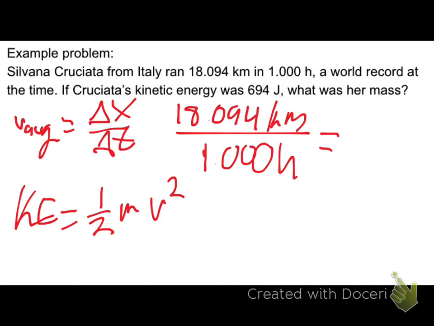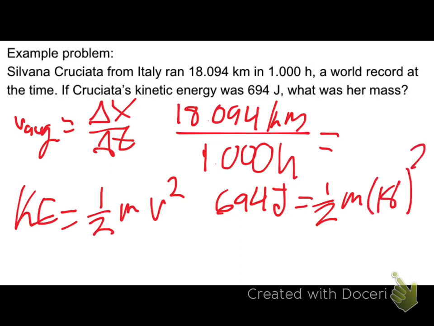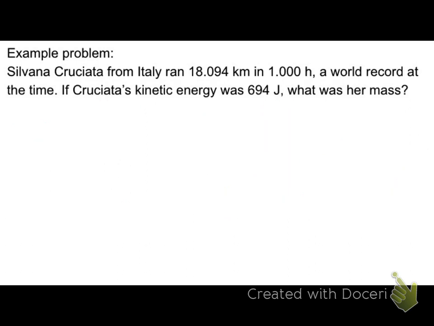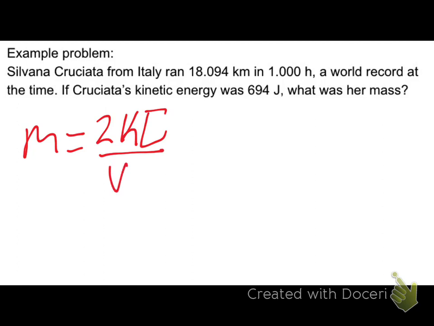So we could just say we have 694 joules equals 1/2 mass times our 18 number squared, and then do the math and solve for it. Or we can manipulate the equation to get mass by itself, in which case we would have mass equaling 2 times the kinetic energy divided by the average velocity squared.